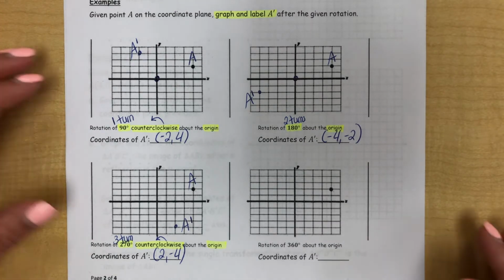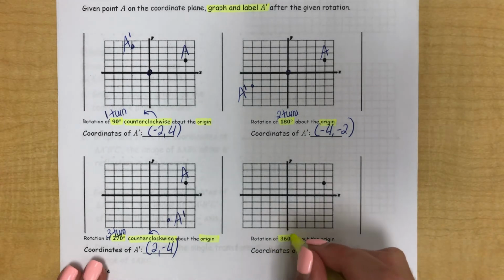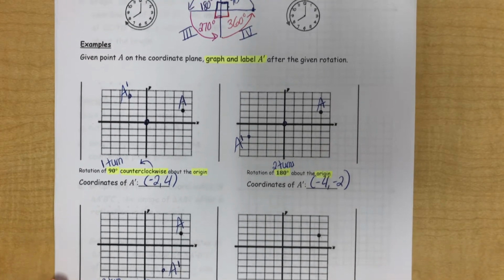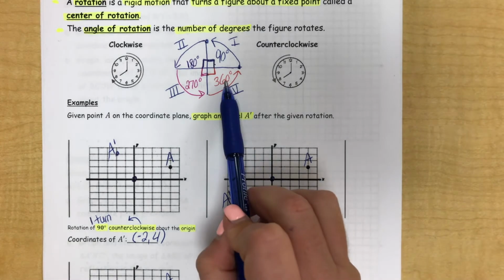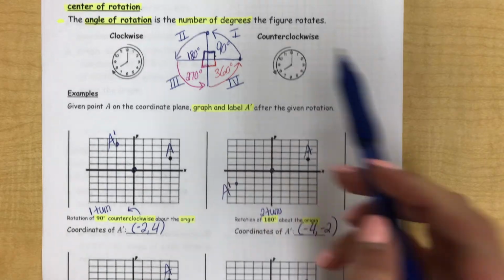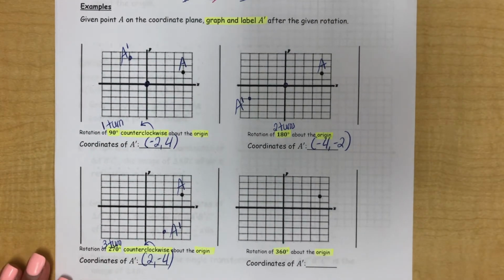And then last but not least, we have our 360. So let's highlight that. I'm gonna rotate 360 degrees about the origin. Again, I'm rotating around the origin so I can use that trick of turning my paper. But if I remember correctly, 360 degrees is a full circle. So if I turn my paper a full circle, aren't I just getting back to where I started?